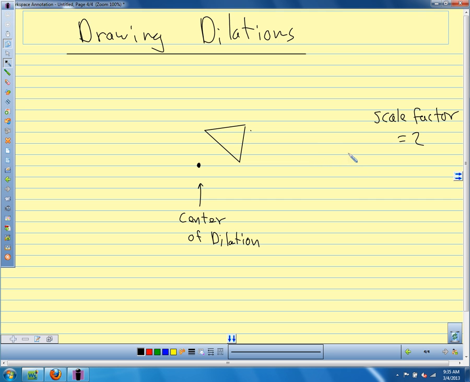So what I'm going to do is take my straight edge, ruler, edge of your notebook, something, and I'm going to draw a line from the center of dilation through the vertex and extend past. And I'm going to do that for each vertex. So I just draw a line from the center of dilation through each vertex of the triangle.